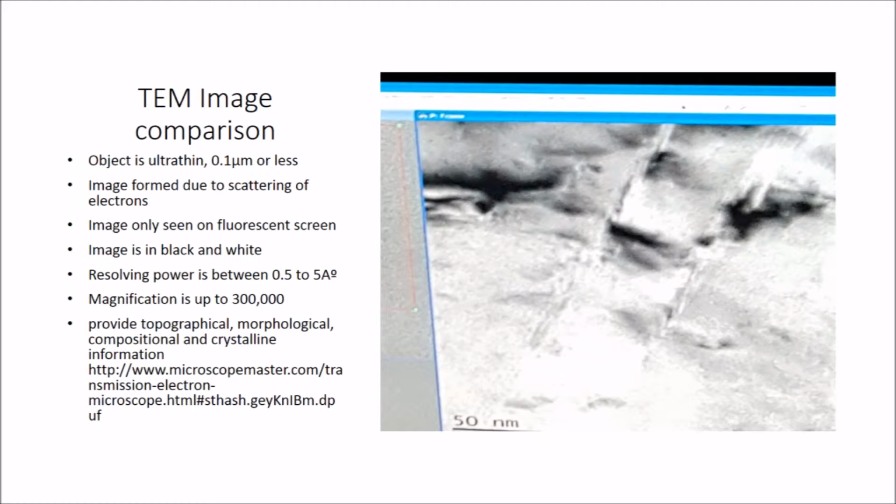For TEM, the resolving power is between 0.5 to 5 angstroms, and magnification can be up to 300,000 times. And the kind of information you can get from a TEM image is topographical, morphological, compositional, and crystalline. You can actually see the lattice structures on TEM images.